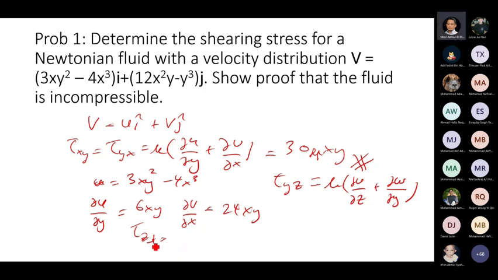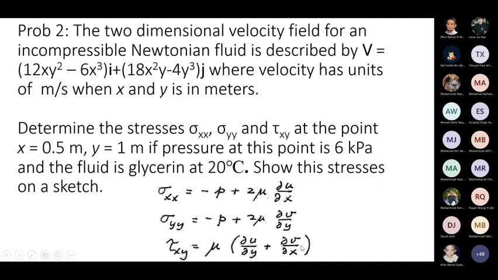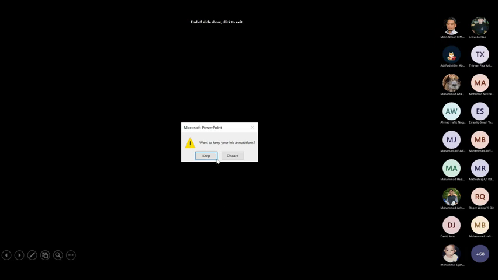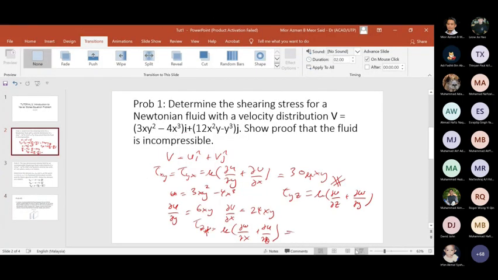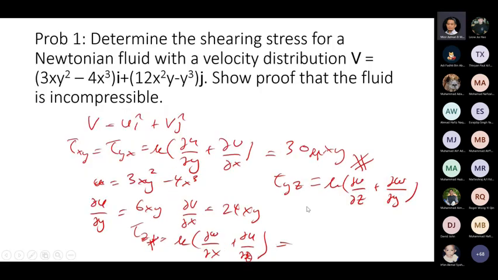The shear stress for zx, from the formula, is partial w over partial x plus partial u over partial z. So what do you think the value here will be? Anyone? The value for this?